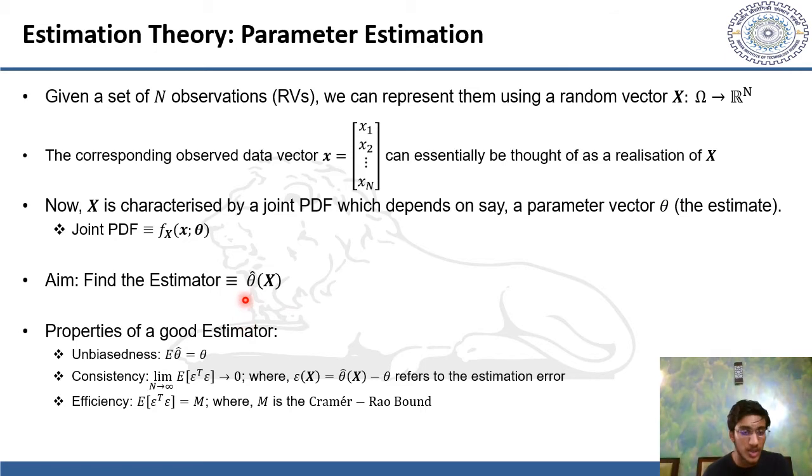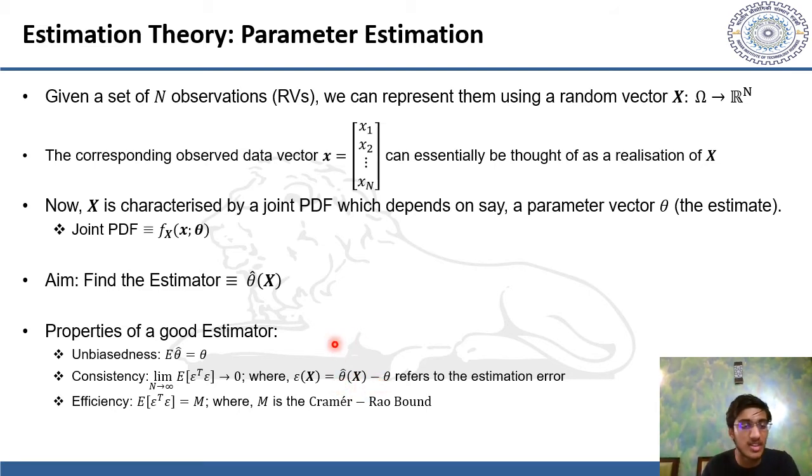Now, the properties of a good estimator, theta cap of x, are number one, unbiasedness. That is, the expectation value of the estimator should be equal to the actual estimate. However, we note that unbiasedness is not a criterion which guarantees that the estimation error, that is the difference between the estimator and the actual estimate, when it operates on this random vector, is the minimum.